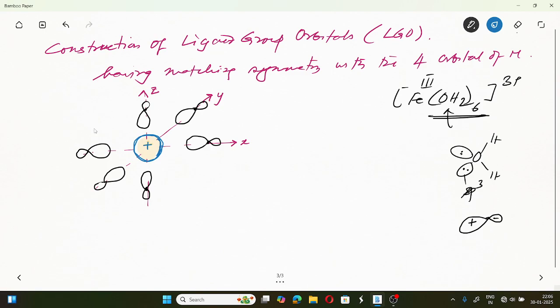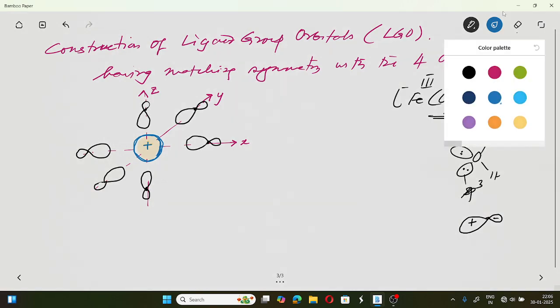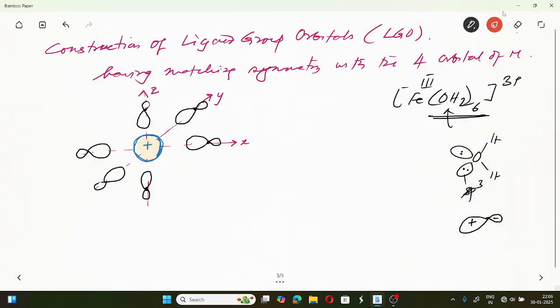how can these six orbitals be used to construct a group orbital having matching symmetry with this s orbital? Very simple. We keep positive, negative, positive, negative on this side, and positive, negative on the other sides.